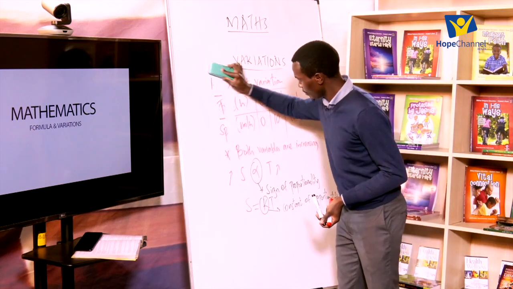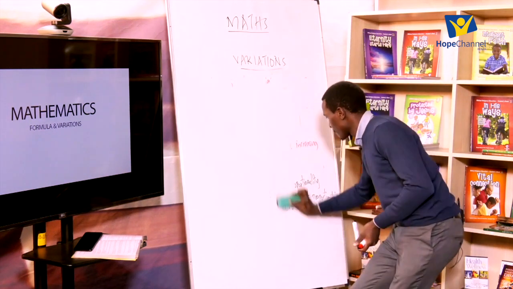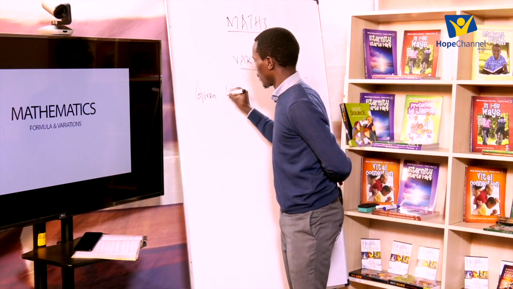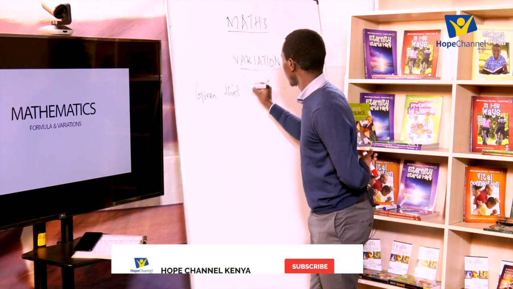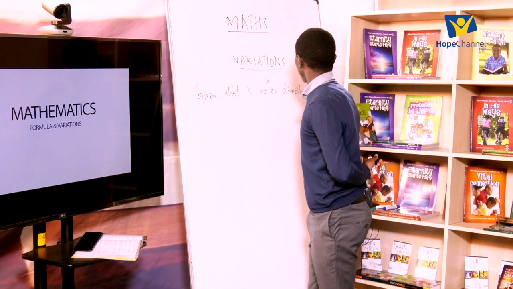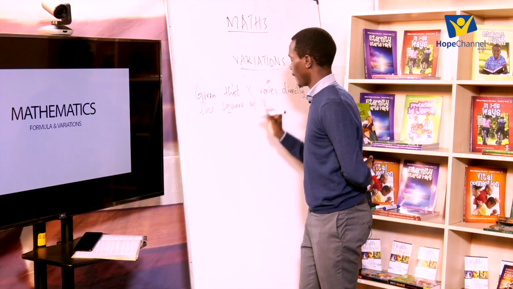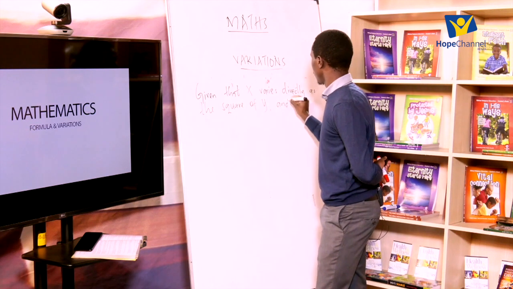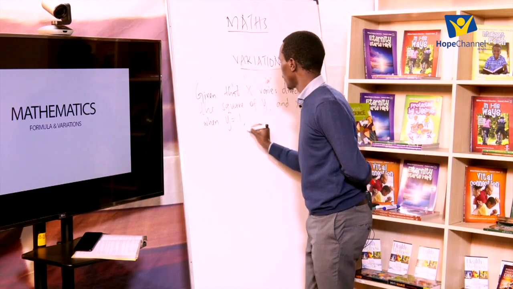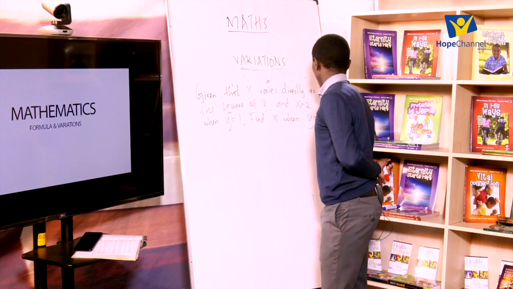I want us to do an example. The example says, given that x varies directly as the square of y, and x is equal to 2 when y is equal to 1, find x when y is equal to 4.